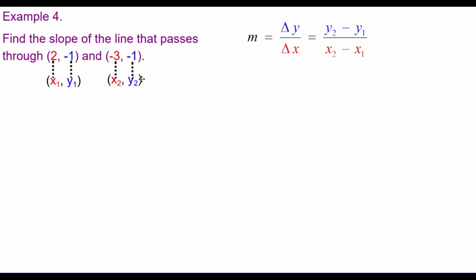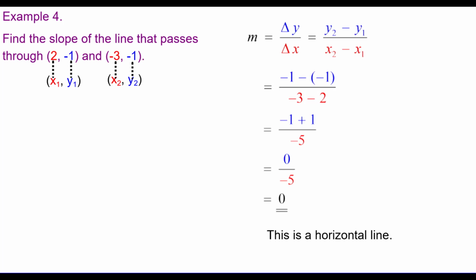Again, you could change the order, it doesn't matter, as long as you're consistent. -1 minus a -1 in the numerator, -3 minus +2 in the denominator, and simplifying that, we get 0 divided by -5, and that would be the number 0. So this is a horizontal line with a slope of 0.